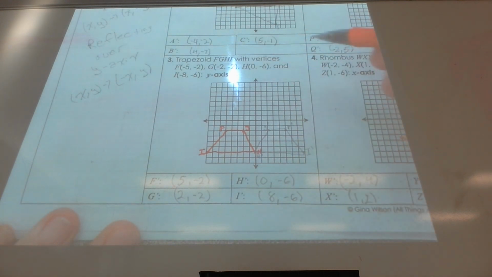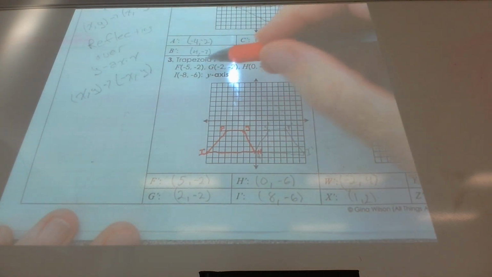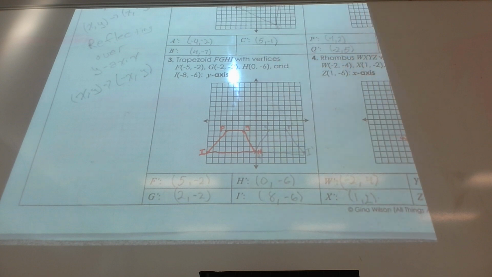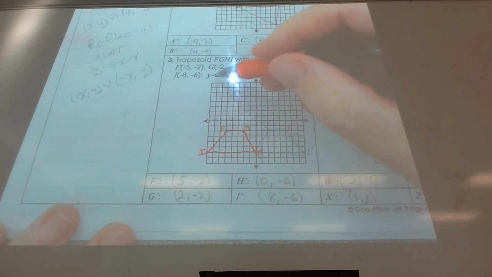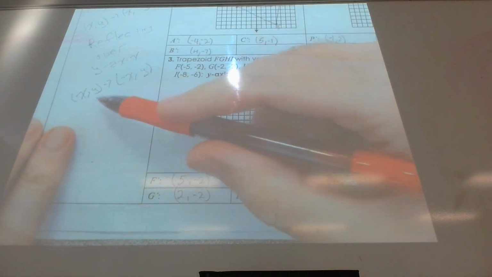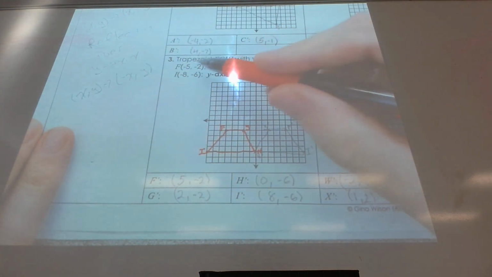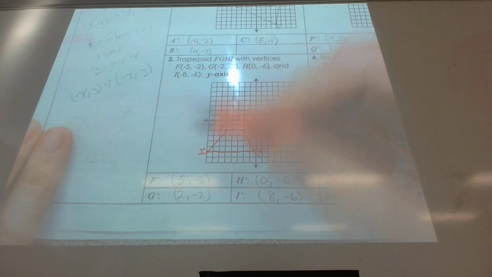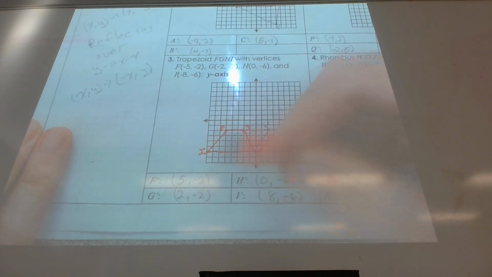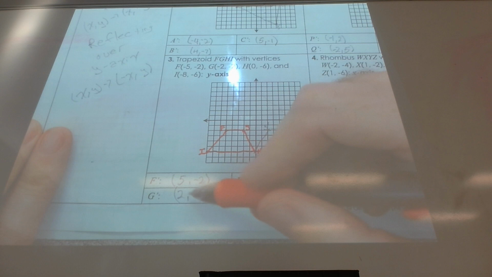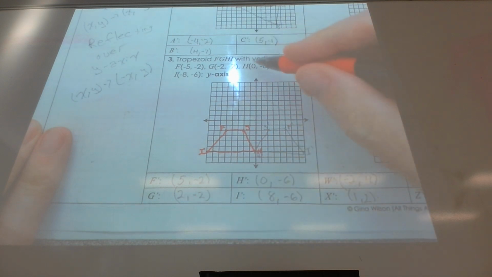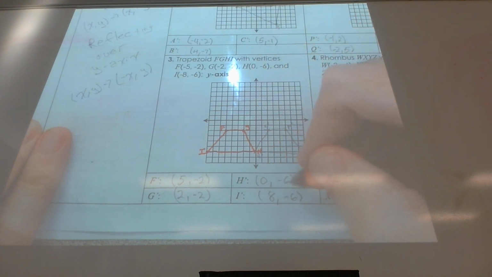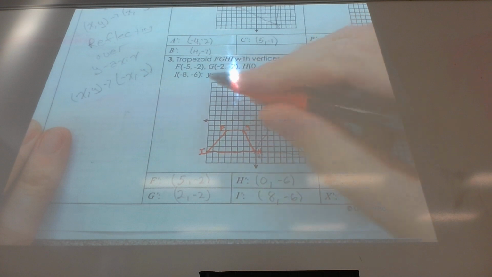So here, okay, it says to do the same thing we did, but it says the y-axis. So for the y-axis, we switch the sign on the x. So -5, -2 becomes +5, -2. Negative 2 becomes positive 2, negative 2. 0, negative 6, well, 0 is neither positive or negative, so it doesn't change and stays 0, negative 6.